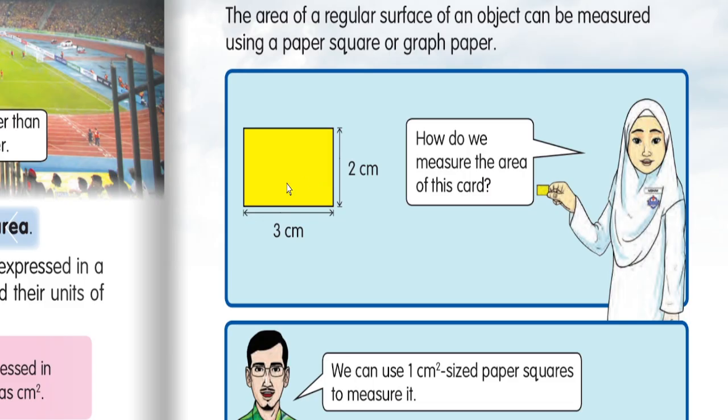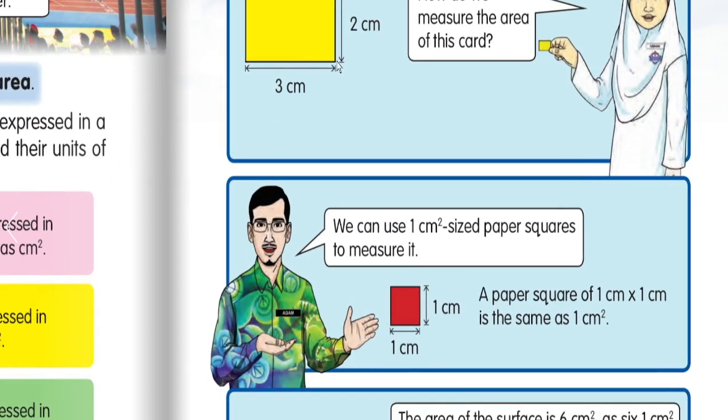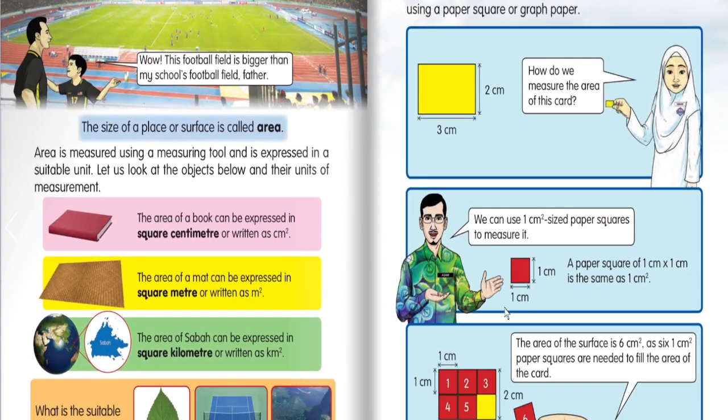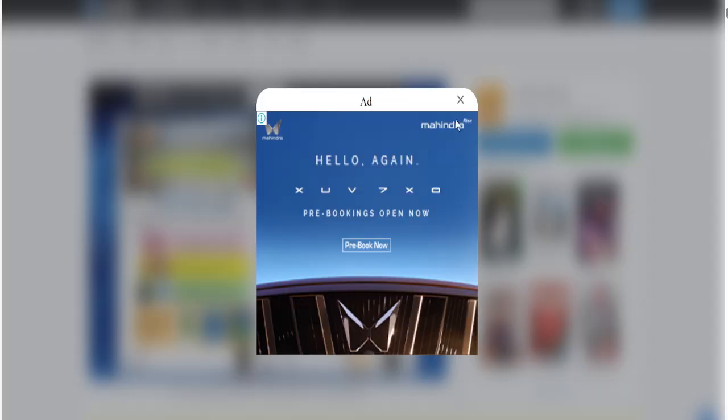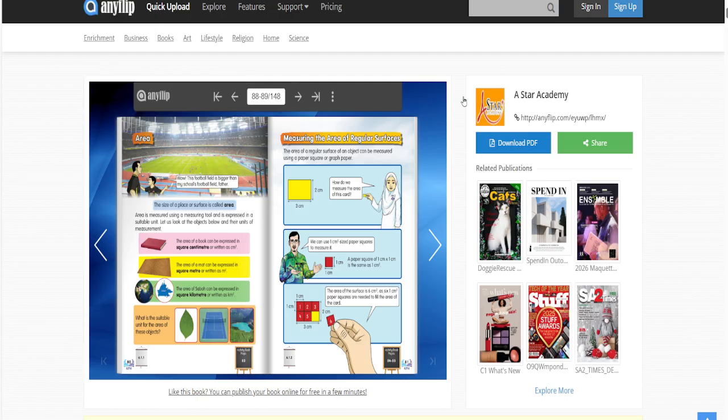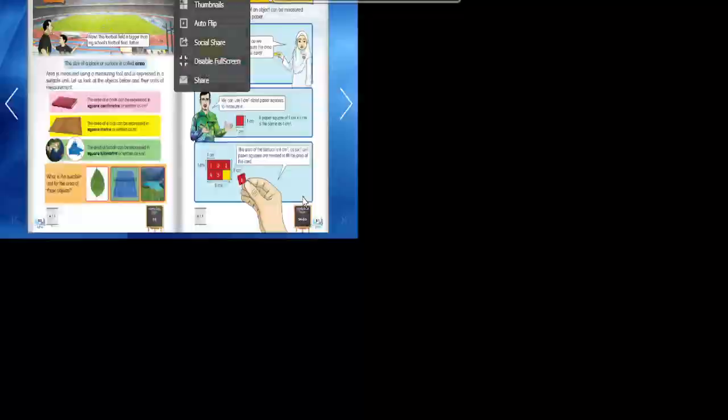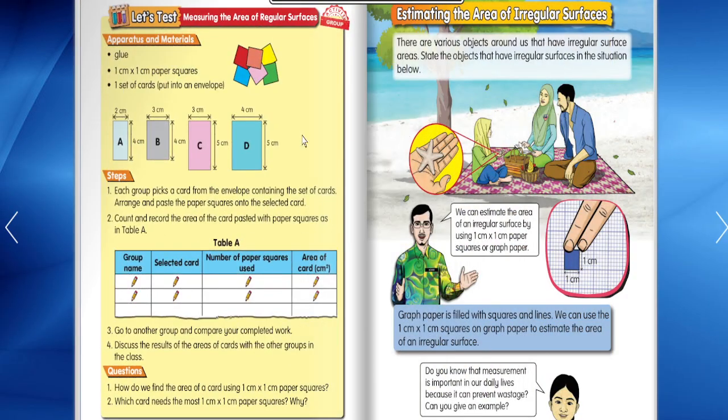For example, if we have a rectangular shape, to find its area, we just multiply its length by its width. If we have a square of 1 centimeter, its area would be 1 times 1, which is 1 square centimeter. So that's how we find area.